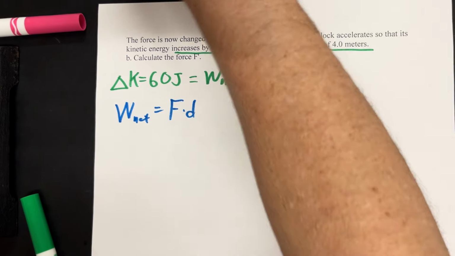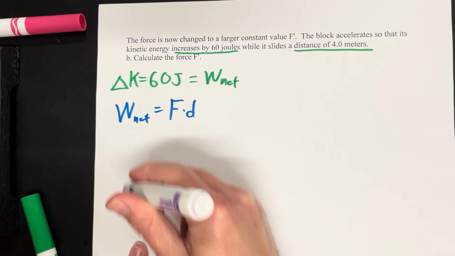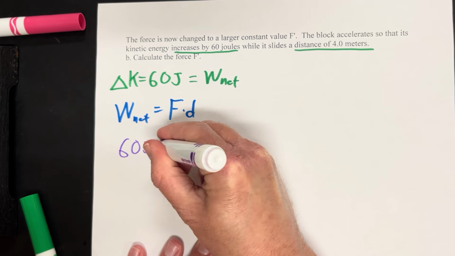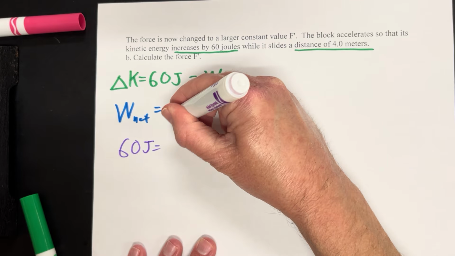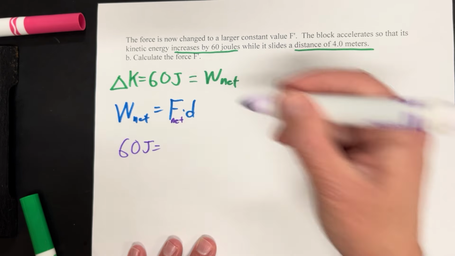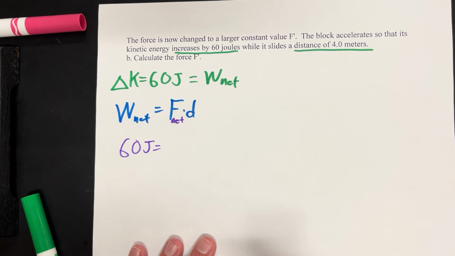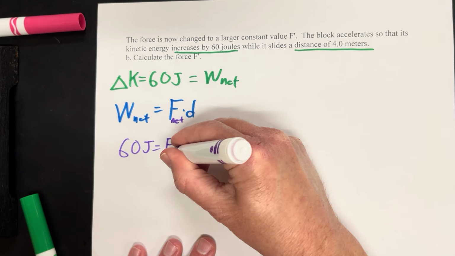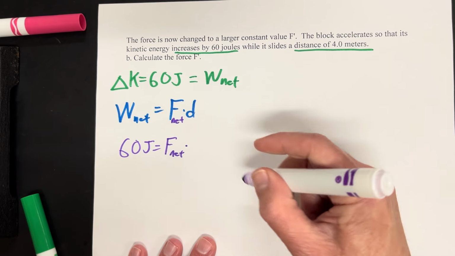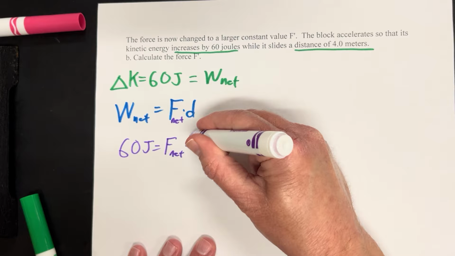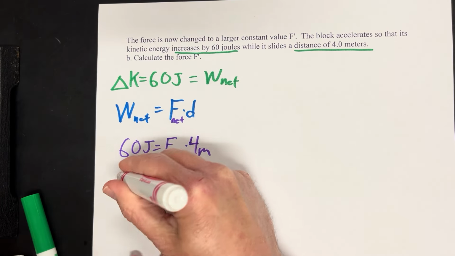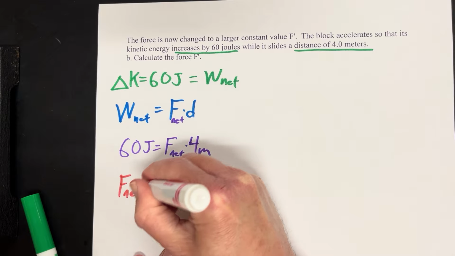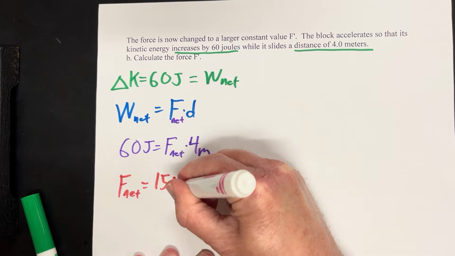One thing I should say here: when we find the net work, it's the net force times the distance. That's going to be important when we go to solve the final step. So 60 joules is the net force times the distance of 4 meters, which means we can easily solve for the net force, which is going to be 15 newtons.